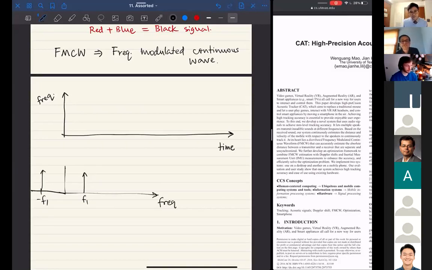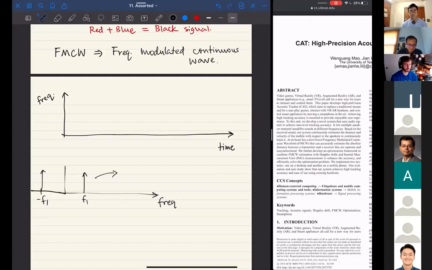If there's only F1 and minus F1, which means there's only one frequency, what would you say is the time domain version of this signal? A cosine wave? A sine wave. Okay, so that's one thing. So it's a sine wave.